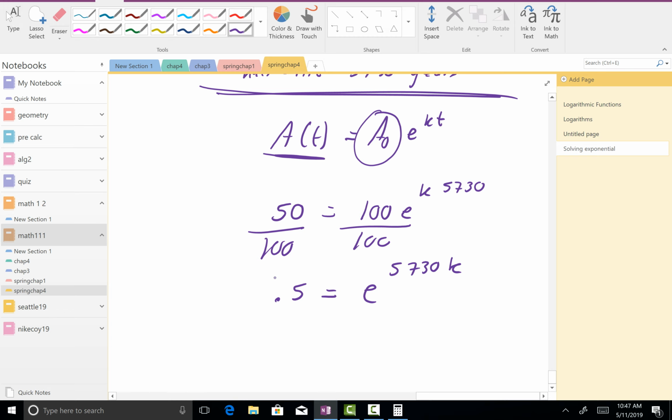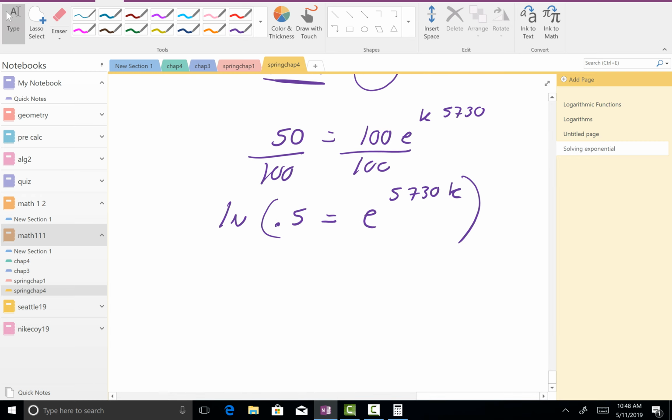Yeah, we're going to take the log, okay? Now, you could use log, but you've got an e, so which log should we use? Yeah, let's just use the natural log, okay?